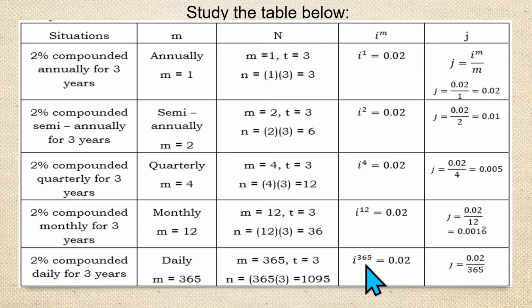And then I365 is equal to 0.02, which is 2%. And then for j, you divide 0.02 by 365. Okay? So, I hope na naunawaan ninyo ang difference between the compounded interest rate annually, semi-annually, quarterly, monthly, and daily.